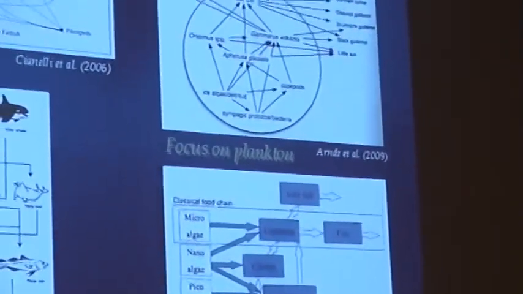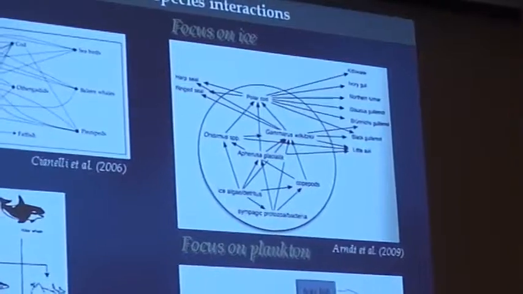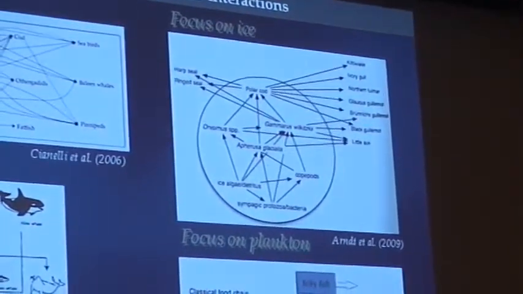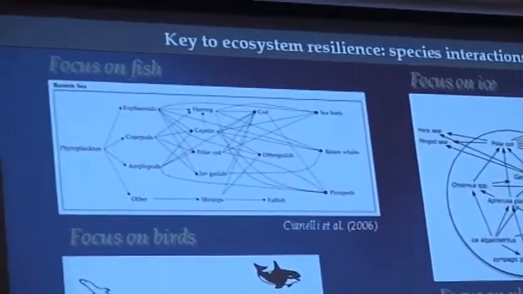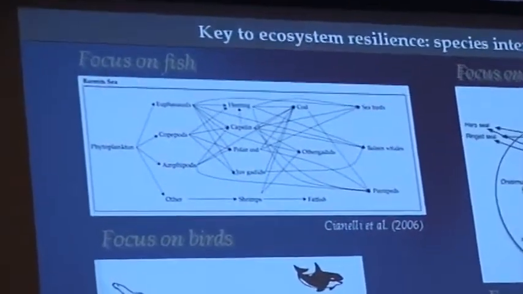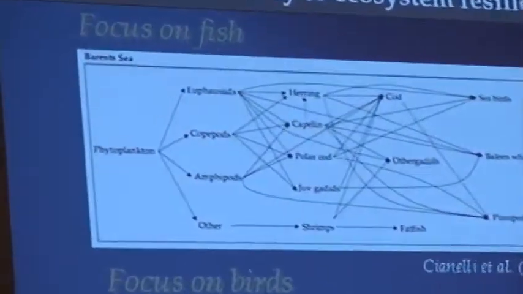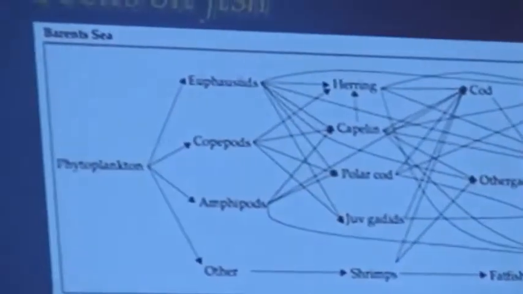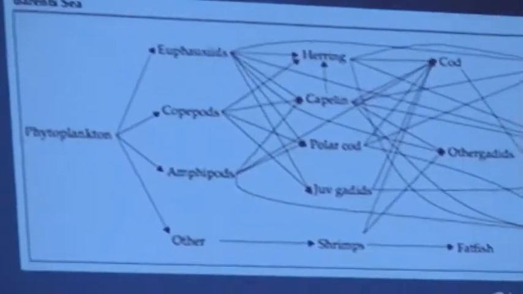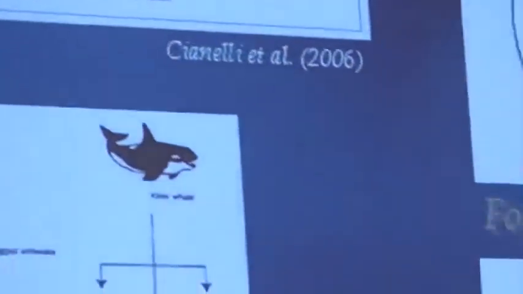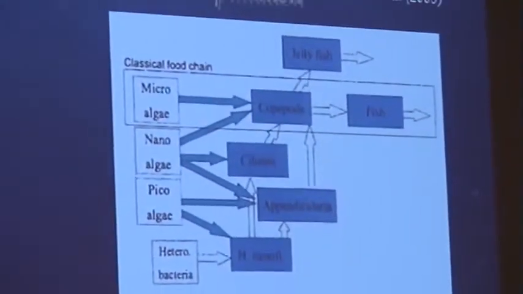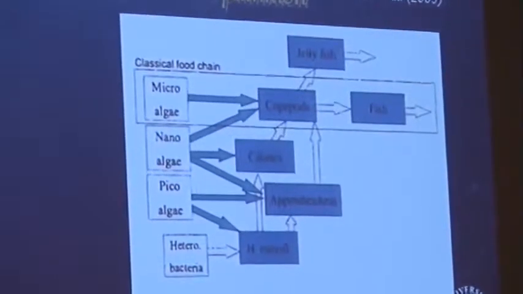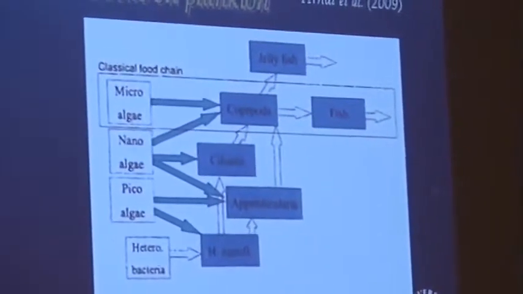For example, on the top left, a study whose main focus was on fish, you can see that phytoplankton is represented as one single taxon in this network, whereas if you go to the bottom right, where the focus is on plankton, then of course there's a much greater diversity for phytoplankton. So what's important here is that different questions will lead to different representations of the networks, and of course these different representations will yield different results.